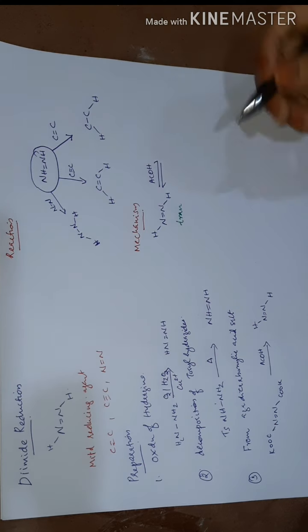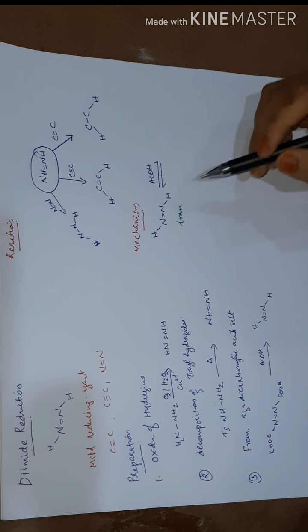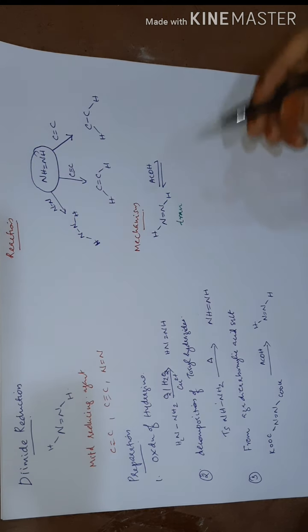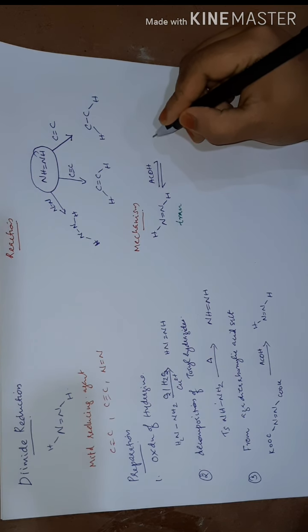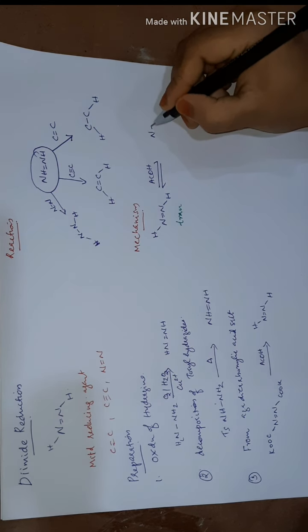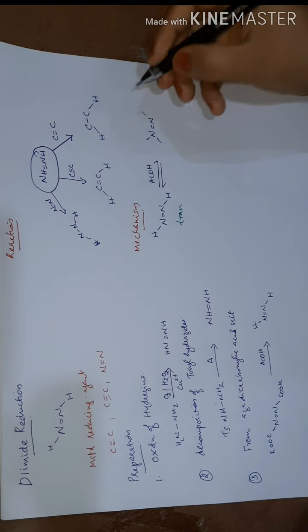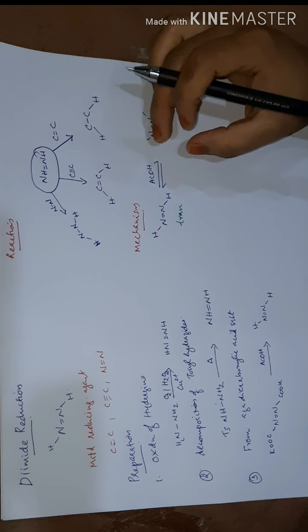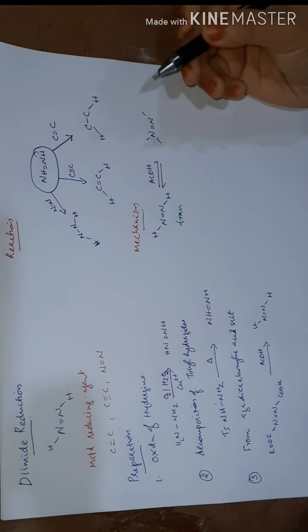Acetic acid is one of the most important reagents for the reduction process of this diimide, and normally this diimide exists as a trans isomer. In presence of acetic acid, it will accept a proton from the acetic acid, by providing the lone pair of electrons situated at the nitrogen atom.